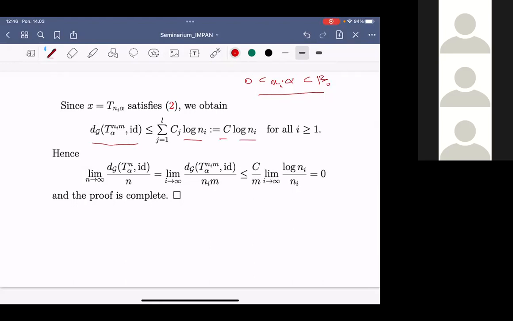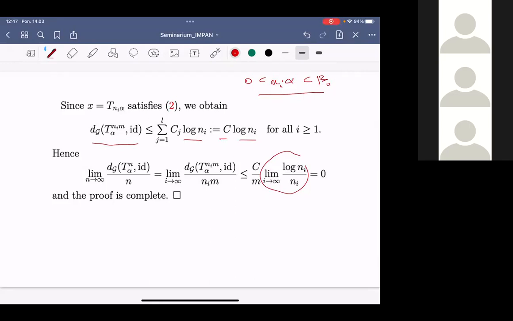As we said, this limit always exists, so we may go to some subsequence Tnim. So this divided by Nim will be less than some constant C times the limit of log Ni over Ni, but this is equal to 0. So the proof of this theorem is complete.